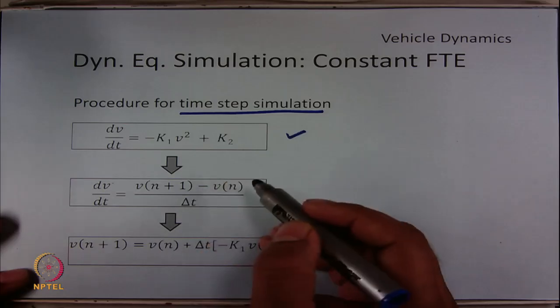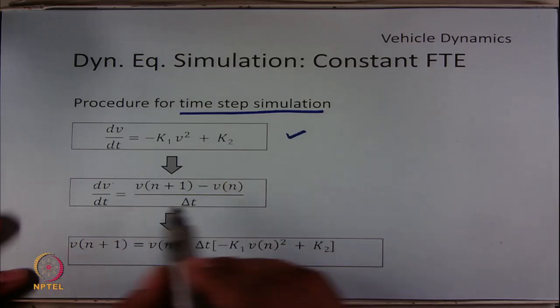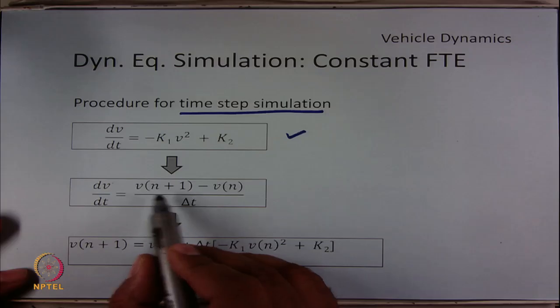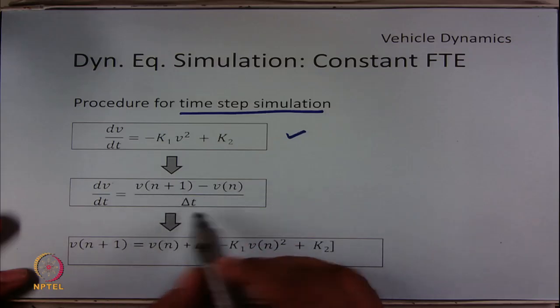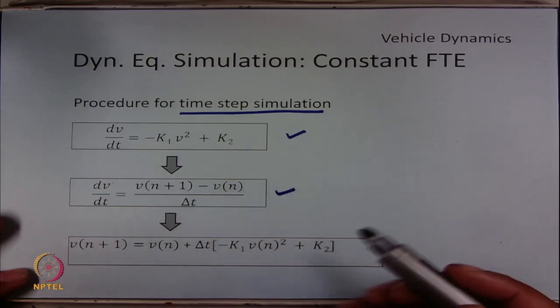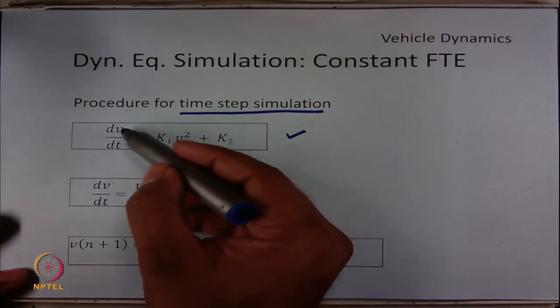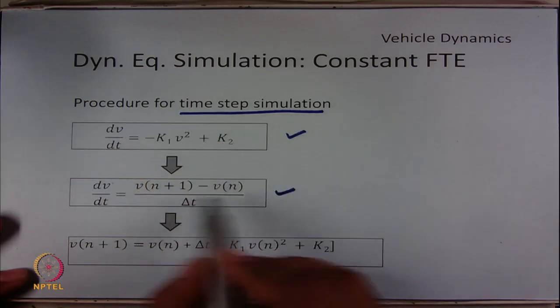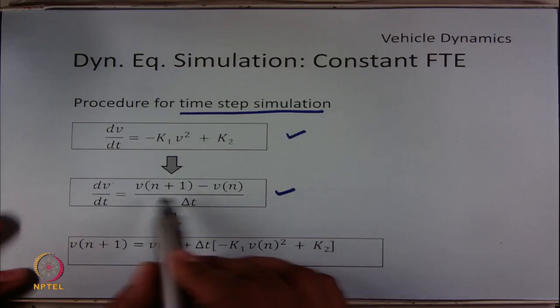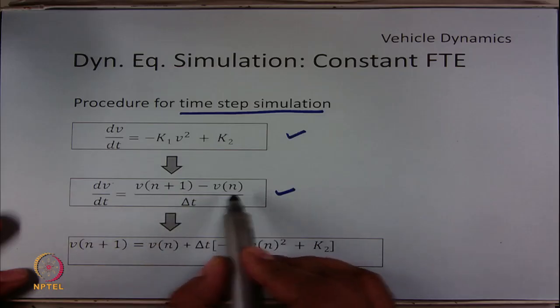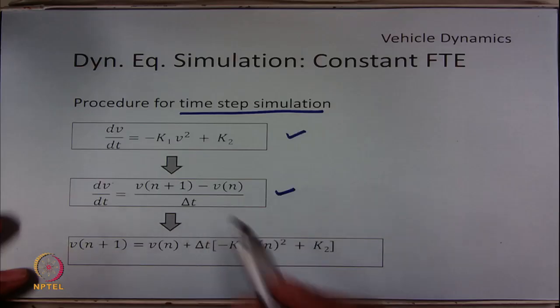We can write dv by dt as v n plus 1 minus v n divided by delta t. If we substitute dv as the difference of v n plus 1 minus v n and dt as delta t, we can get this equation.